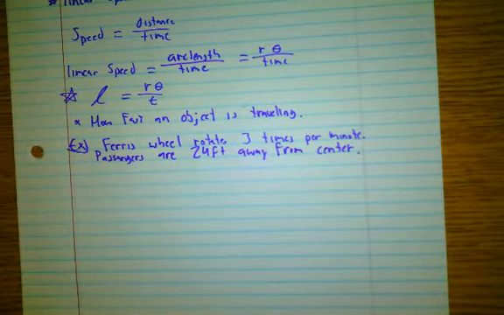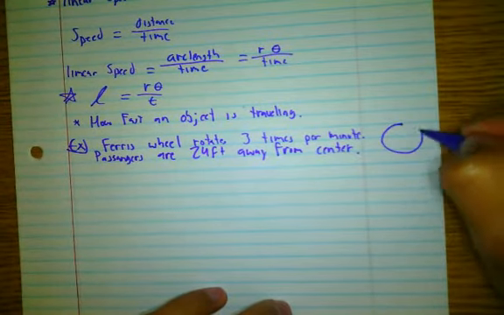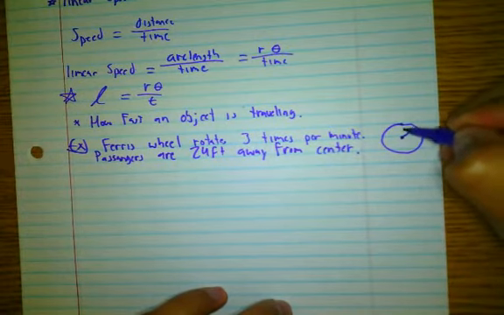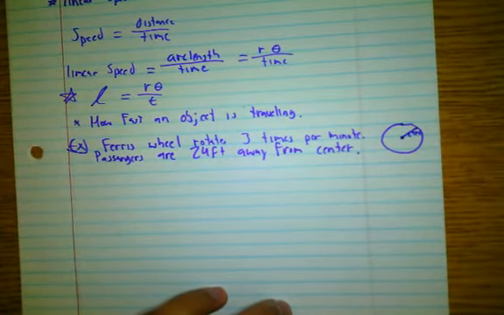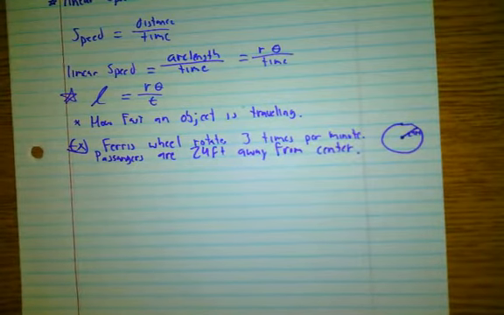So if you want to sketch a drawing, you're welcome to. You don't have to, but here's what we know so far. If this is the center, and here's the passengers, we know that that's 24 feet. Agreed? And we know that it is rotating 3 times per minute, right? I'm not really going to include that on the drawing, but that's all I have so far.